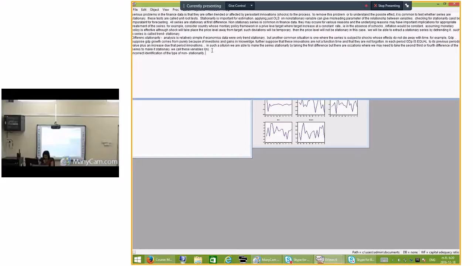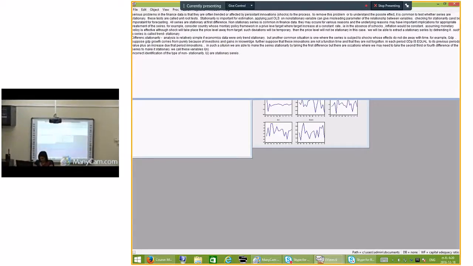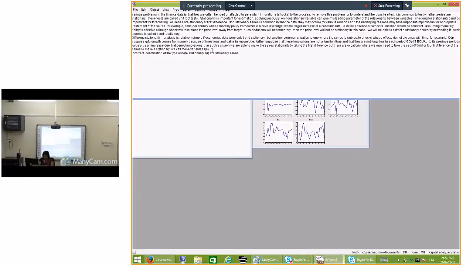We know that a first difference I(0) series, I(1) series are stationary series, but differentiating between the two is not easy.